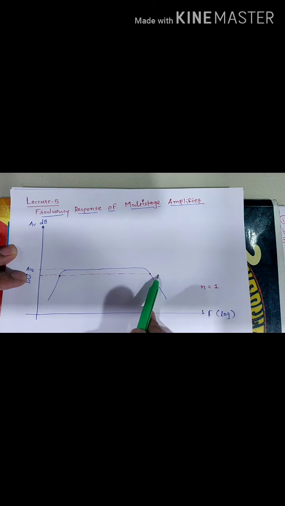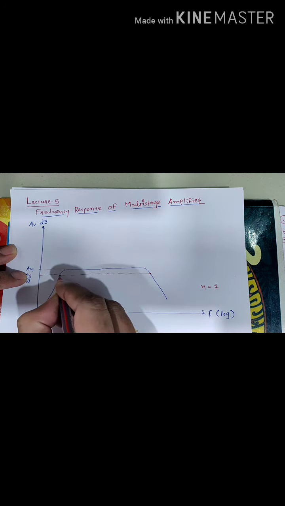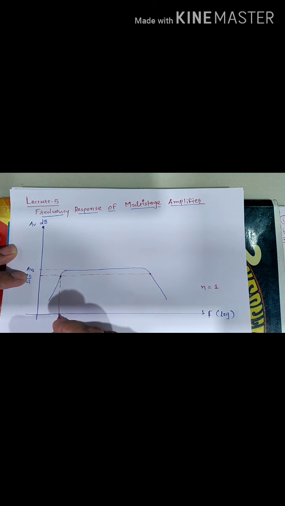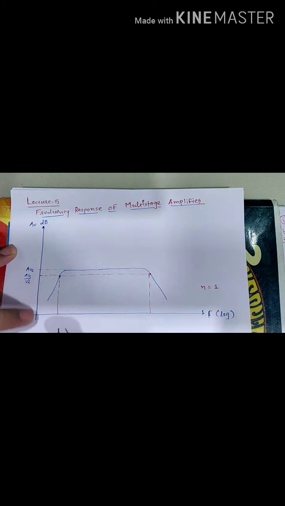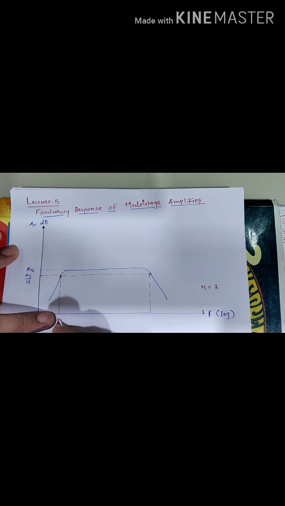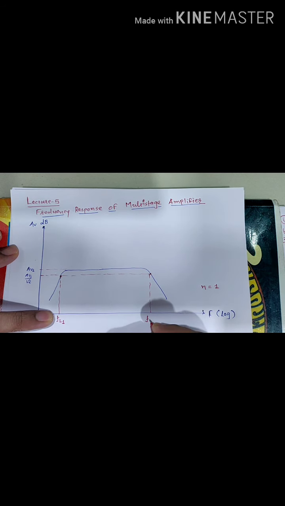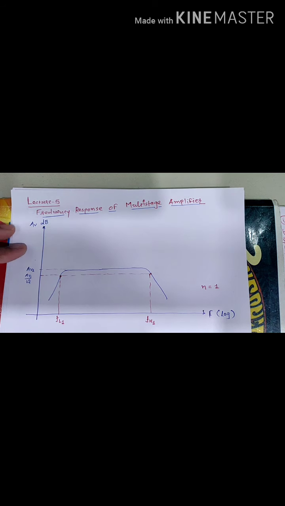When we draw one line, we get the 2 cutoff points on the x-axis. This point is the lower cutoff frequency of the first stage, and this is the higher cutoff frequency FH of the first stage.